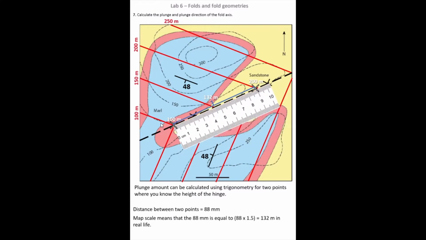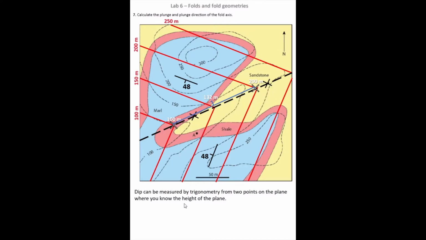The horizontal distance between which that height change happens is 88 millimeters on our map, which equals 132 meters in real life. So drawing a simple triangle to show that relationship, we can calculate the dip of the fold hinge by using the inverse tangent of the opposite over adjacent, which in our case is 100 divided by 132.